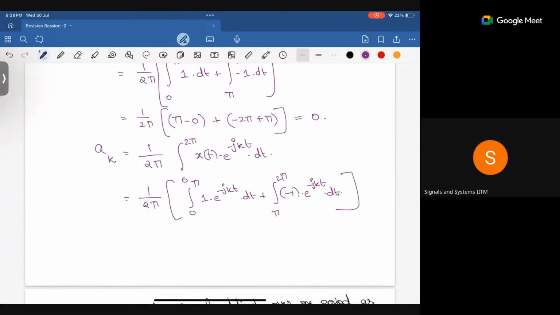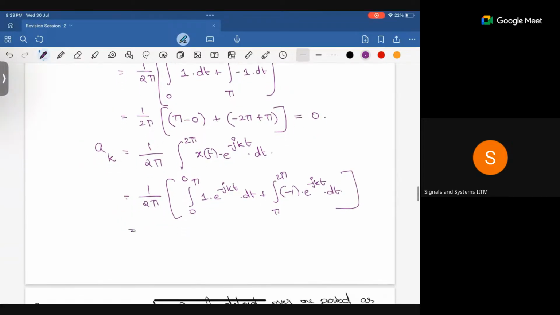Right. So now I should know the integral of e power minus j k t, or in other words, I should know what is e power at. So e power at's integral will be e power at divided by a, which is minus jk.